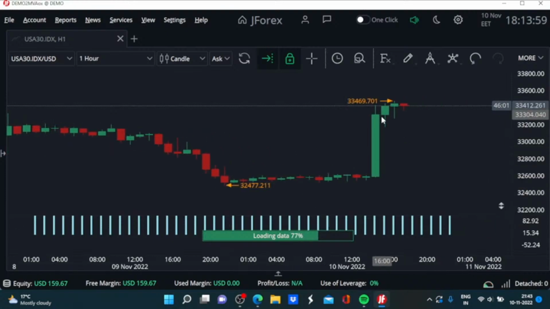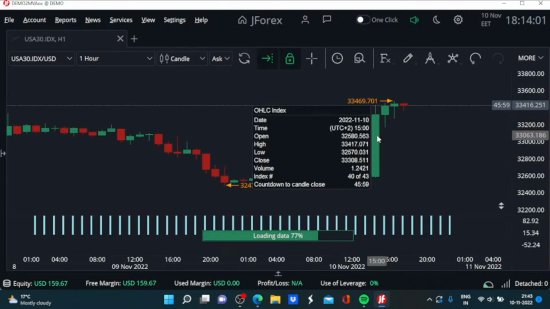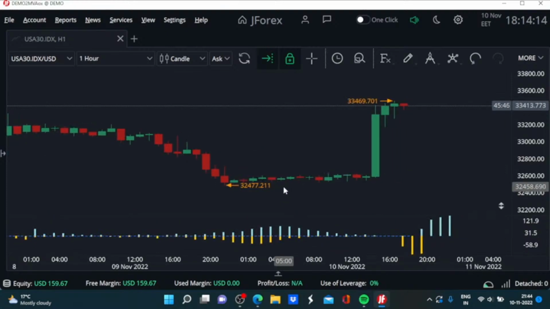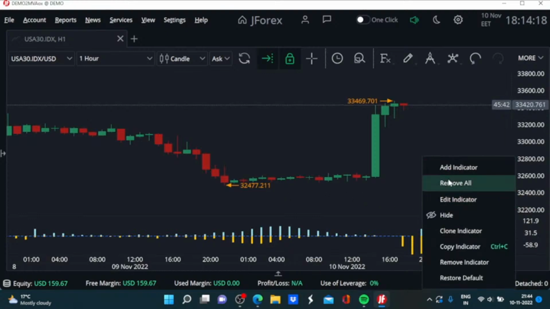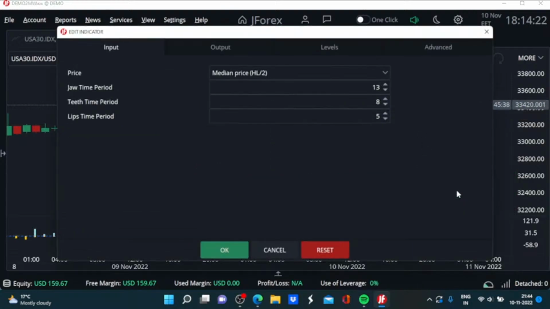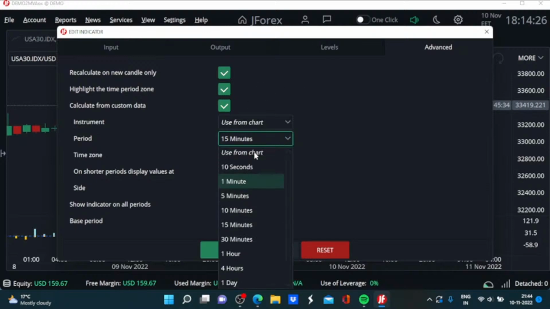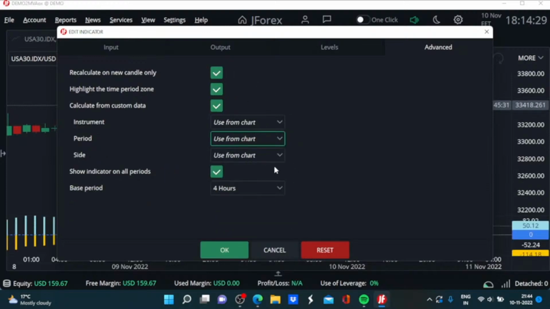So each hourly bar will have four 15-minute bars, and those data points will be utilized for figuring out the histogram of this indicator, the oscillator, Gator oscillator. So here we have this Gator oscillator being calculated using 15-minute as the candle period, even though the chart is of hourly time frame. Now again, I am going to restore it back to use from the chart.